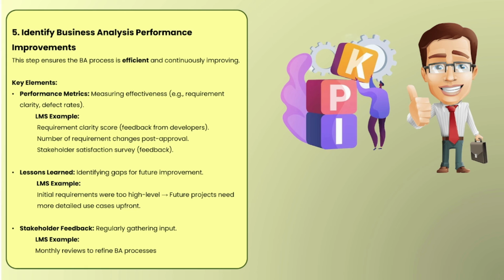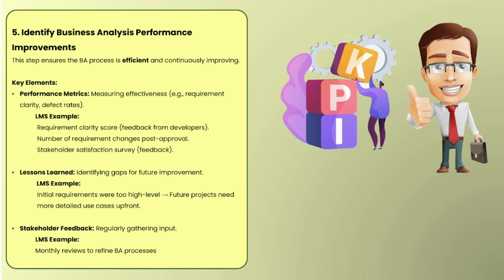So future projects need more detailed use cases upfront. In the very initial stages we divide the requirement into small parts so that it is very easy for everyone to understand. We will see what exactly use cases are in an upcoming tutorial.